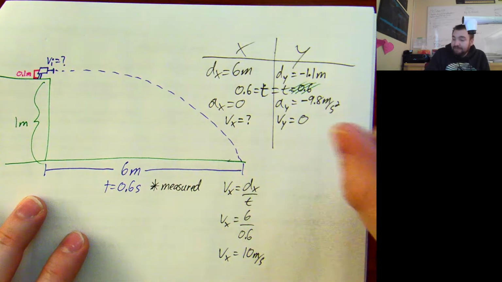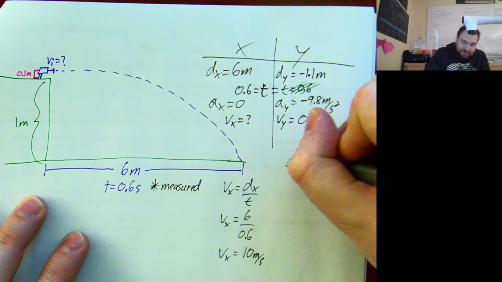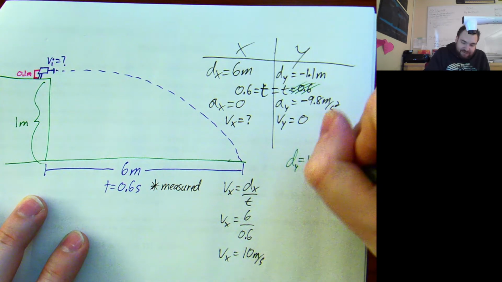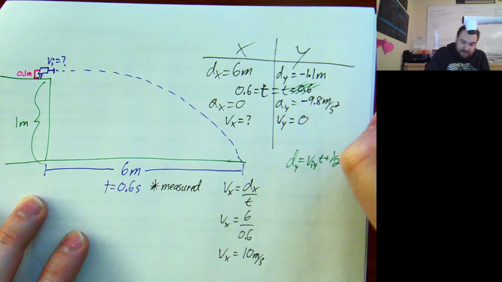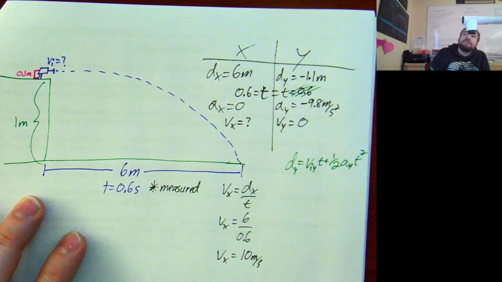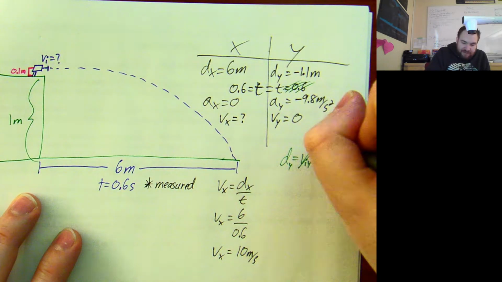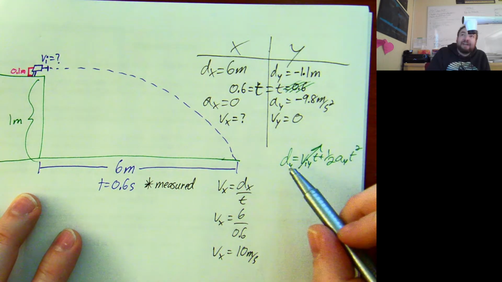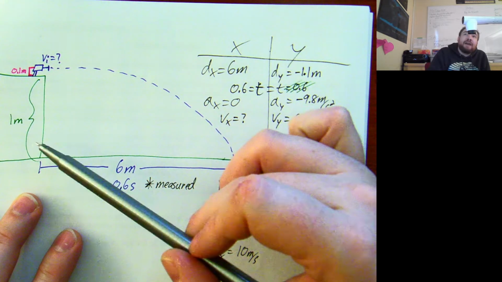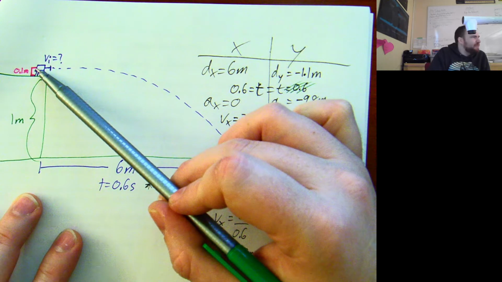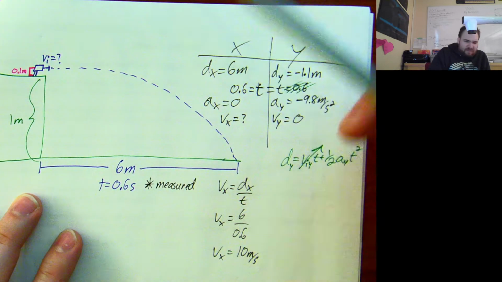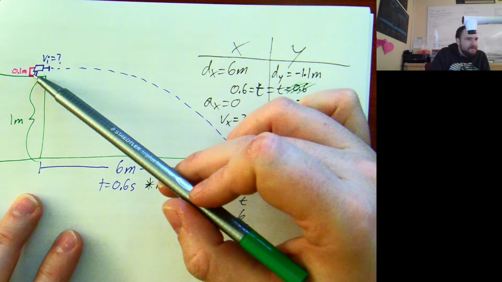So to do that, we're going to use dy equals ViyT plus 1/2 ayT squared. Beauty here is that Viy is 0. And I know that dy, we measured dy, the distance from the floor to the gun. Why are we going to the middle of the gun, by the way? Why did Luis want to add that 0.1 meters?